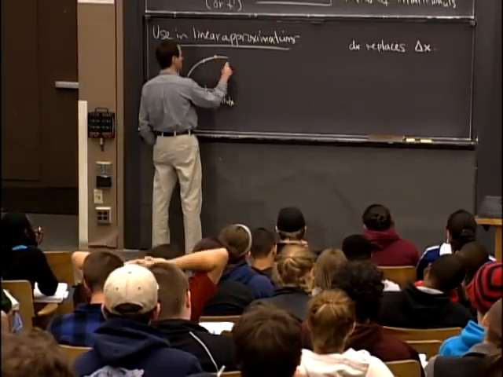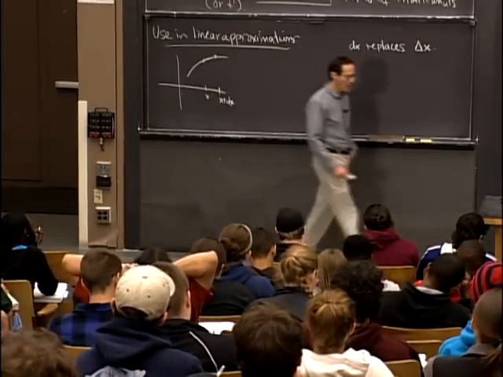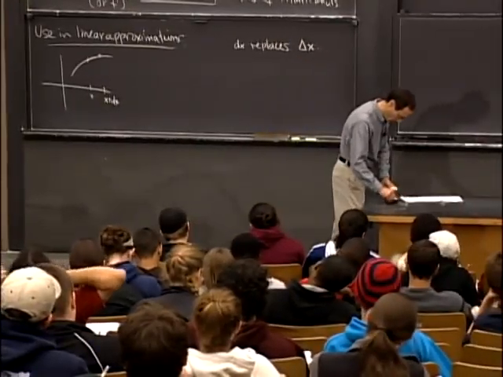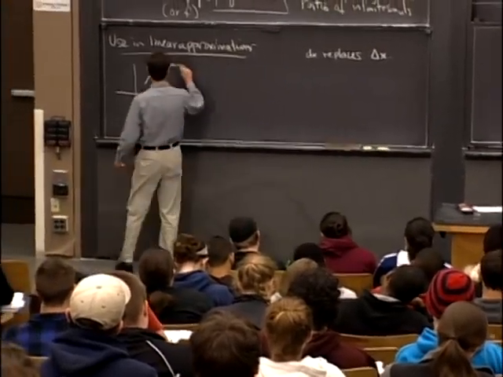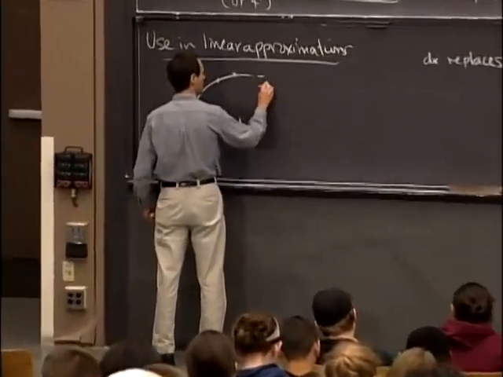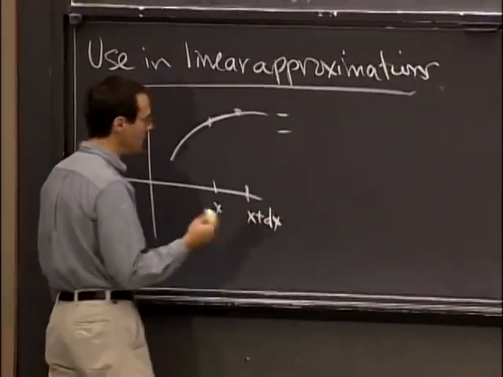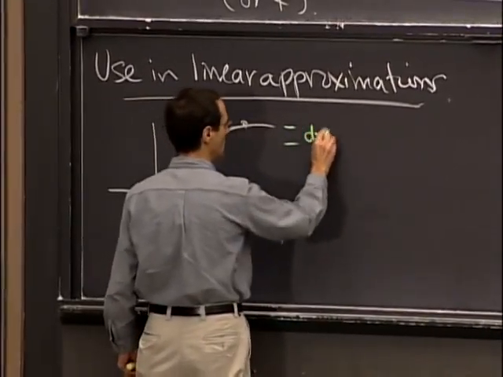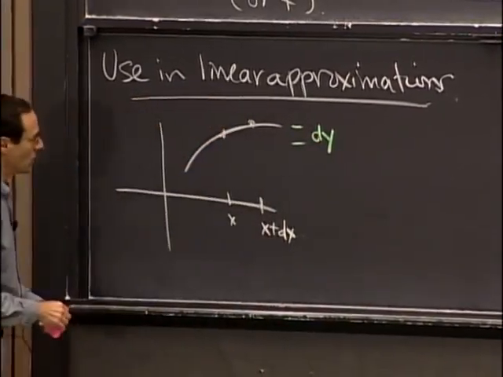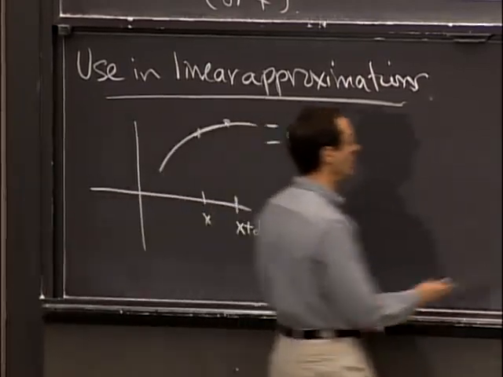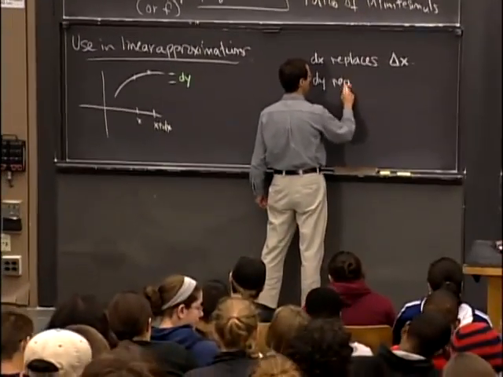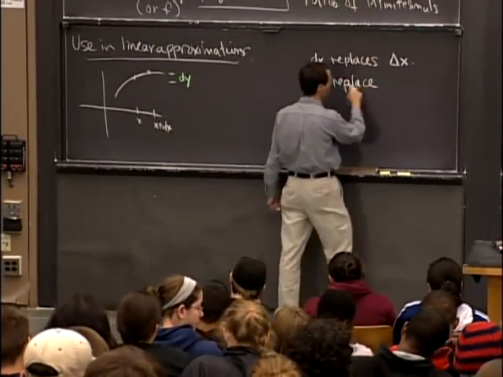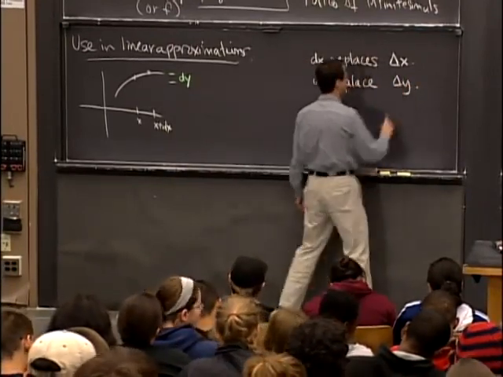Similarly, if you see how much we've gone up, this distance here, previously we called it delta y, but now we're just going to call it dy. So dy replaces delta y.